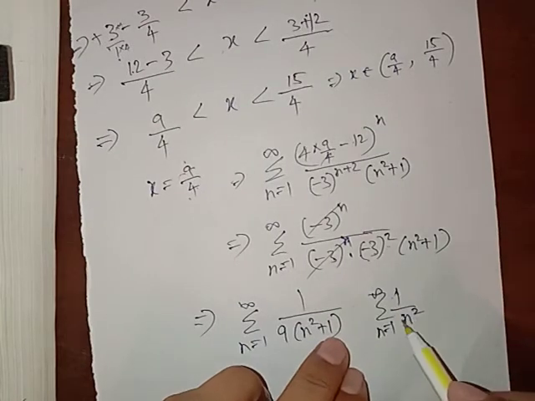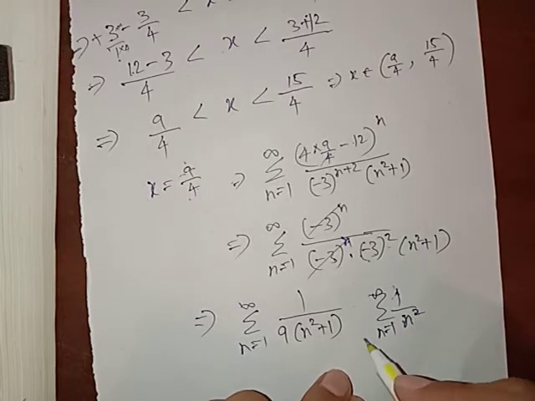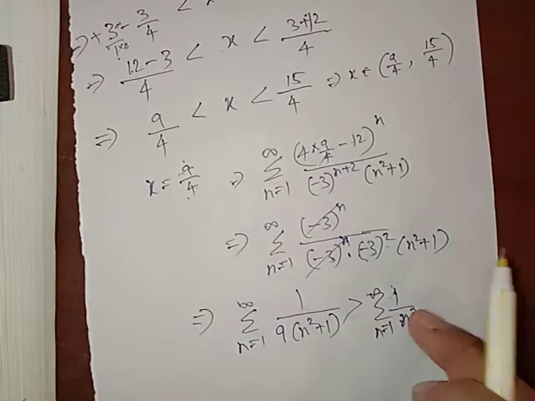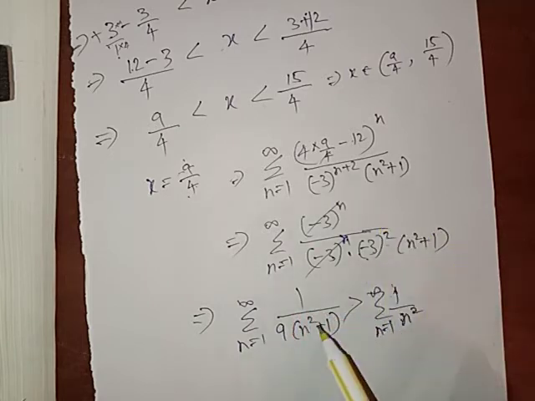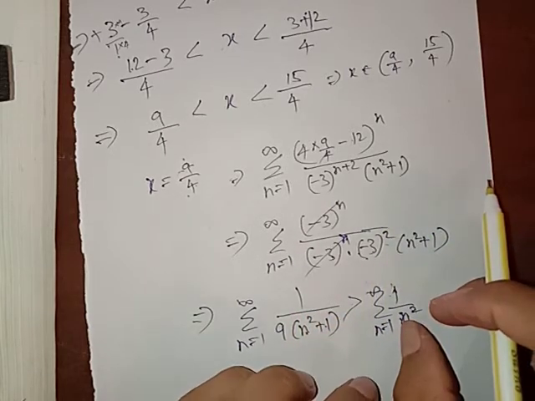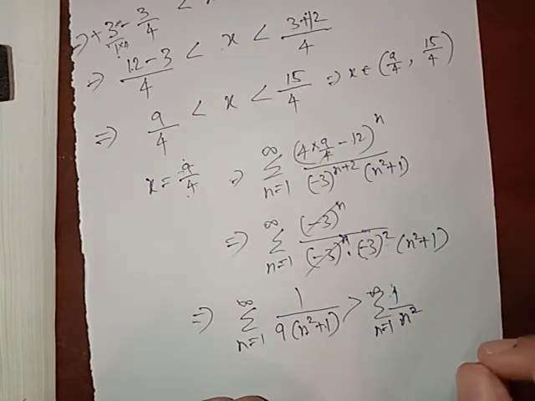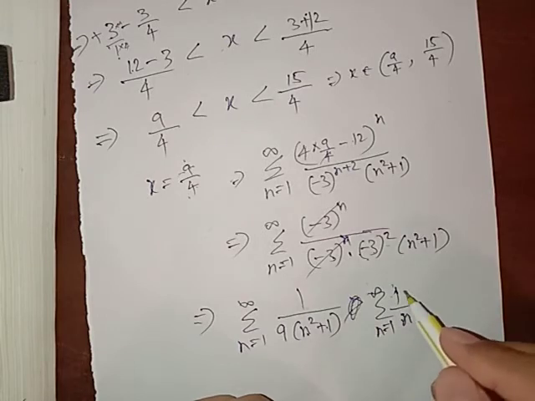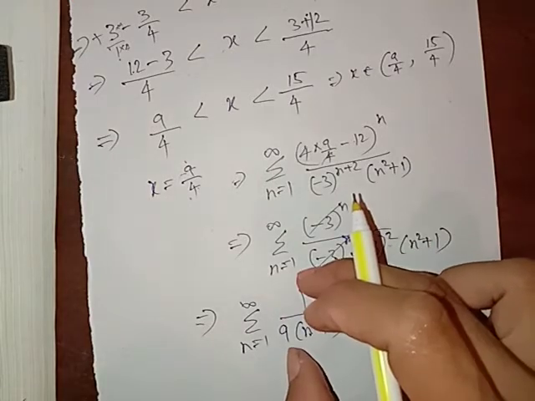Here p is greater than 1, so it converges. Here the denominator 9 into n square plus 1 is greater than n square. So since this converges, we can say this also converges.